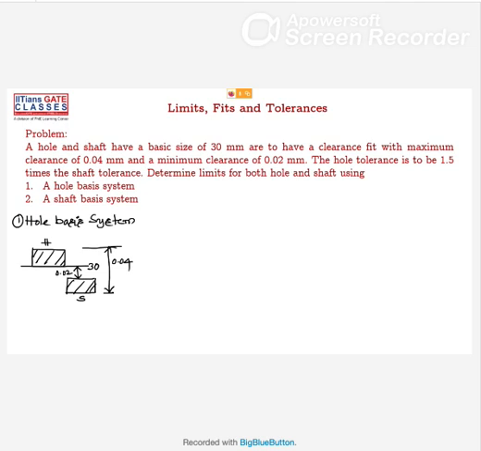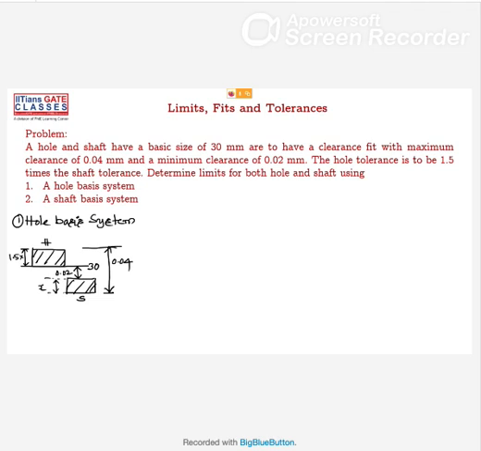To calculate the shaft tolerance or the hole tolerance, you have to see the technique here. Let us assume the shaft tolerance is X, and he told that hole tolerance is 1.5 times X. So X plus 0.02 plus 1.5X will be equal to 0.04, because I'll write that equation here.